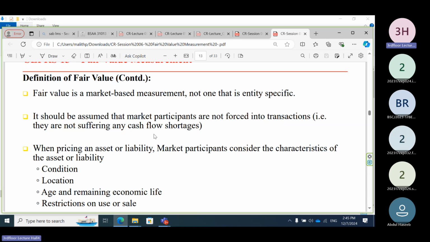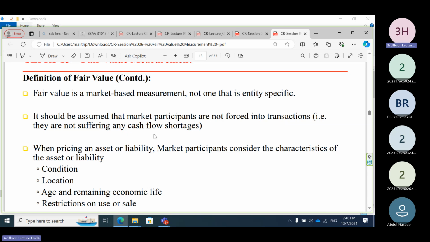Because if the same transaction happened without that force, that would reflect the price. So it will create a gap between two prices. If there's a gap between two prices, definitely it is entity-specific, personalized. That is not market-based. That's why we say it should be an unforced transaction.